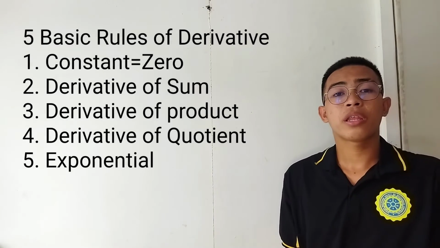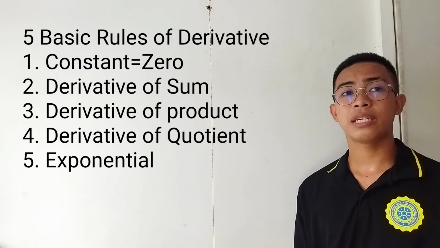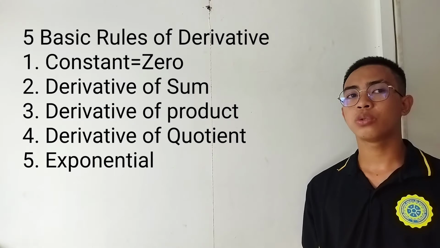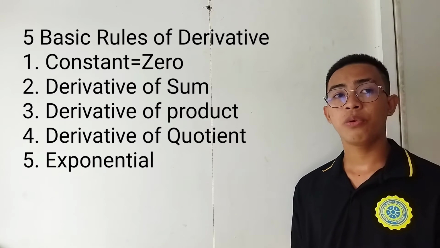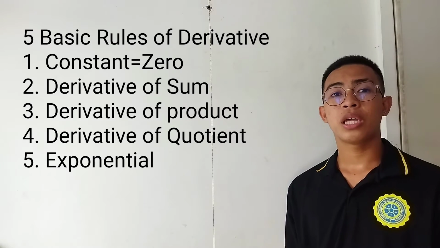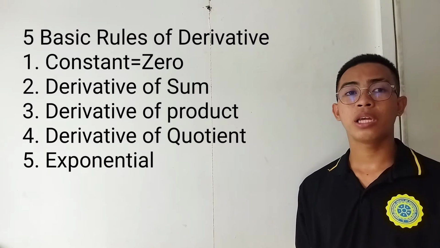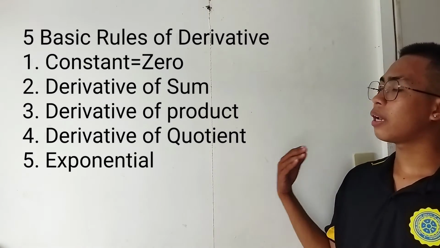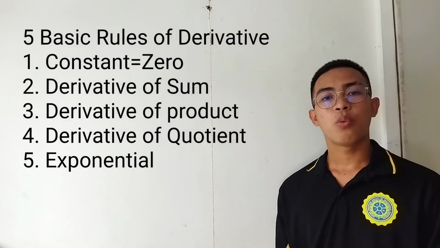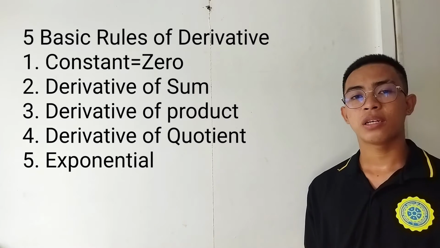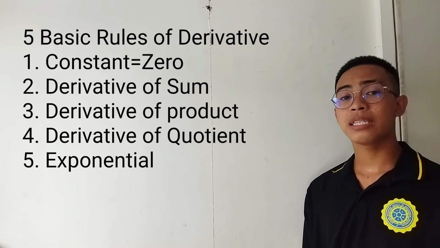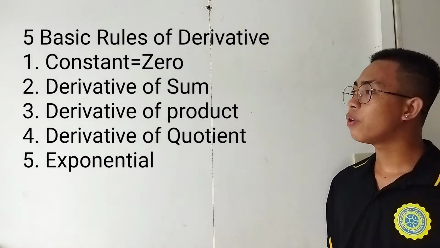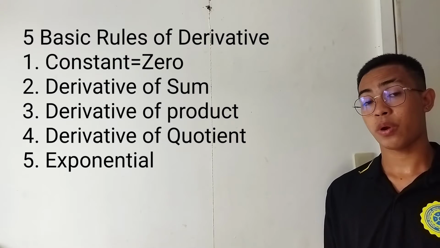And the fourth basic rule of derivative is that the derivative of the quotient of two functions is equal to the denominator times the derivative of the numerator minus the numerator times the derivative of the denominator, all divided by the square of the denominator. So here is an illustration. y is equal to u over v, and it would become dy over dx is equal to v times du over dx minus u times dv over dx, all over v squared.